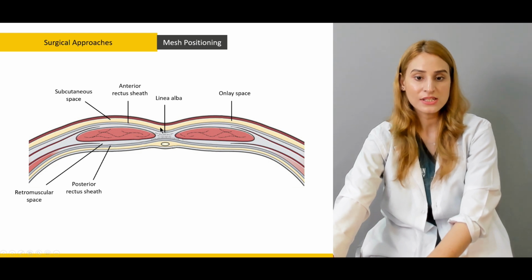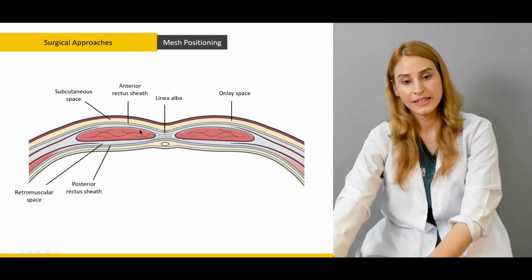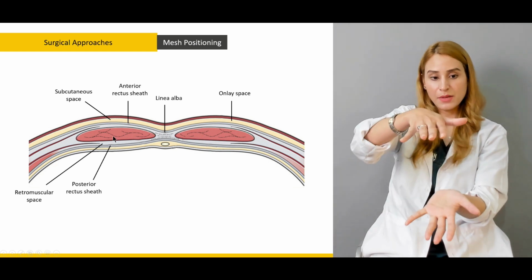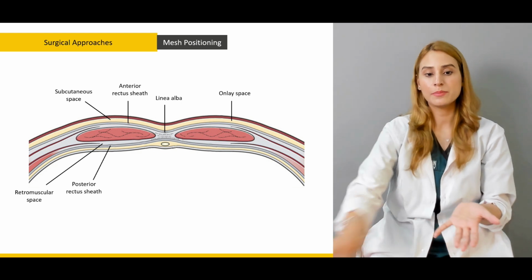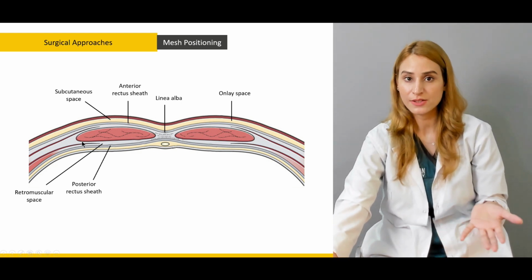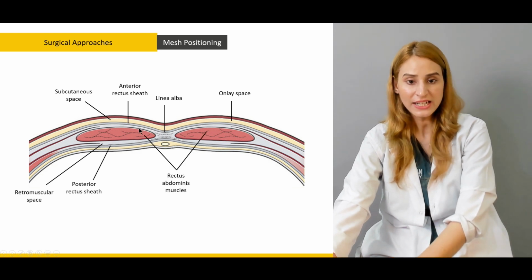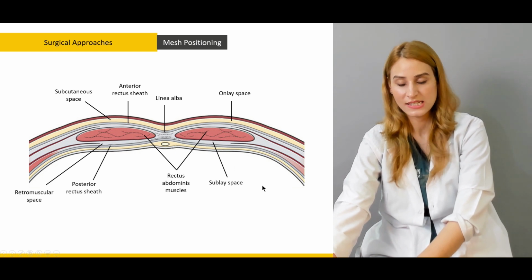This was the linea alba, here was the defect, and the muscle is above and the posterior sheath is below. So if you are placing mesh here, in the retromuscular space, this is called a sublay approach. This is the rectus abdominis muscle, and this is the sublay space. Already told you, this retromuscular space is called a sublay space.